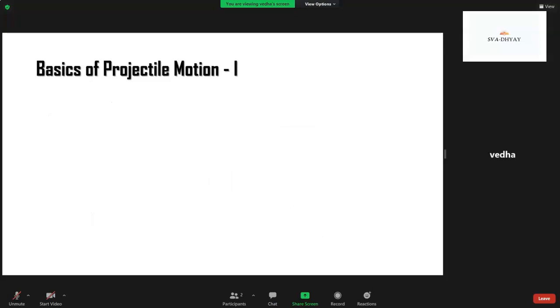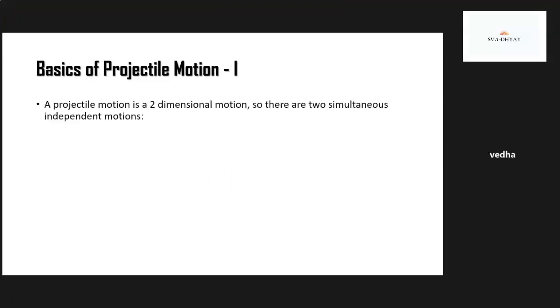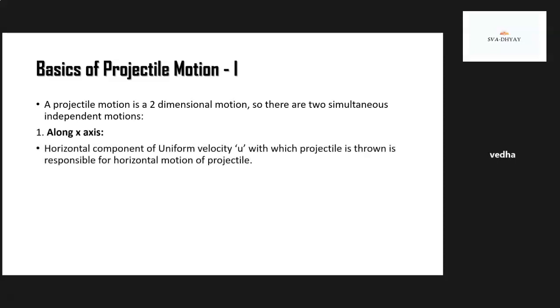Now we will see basics of projectile motion first. A projectile motion is a two-dimensional motion, so there are two simultaneous independent motions. Along x-axis, horizontal component of uniform velocity u with which projectile is thrown is responsible for horizontal motion of the projectile.